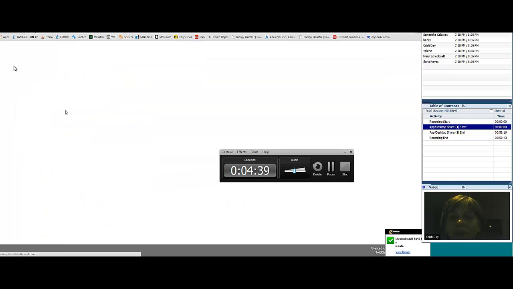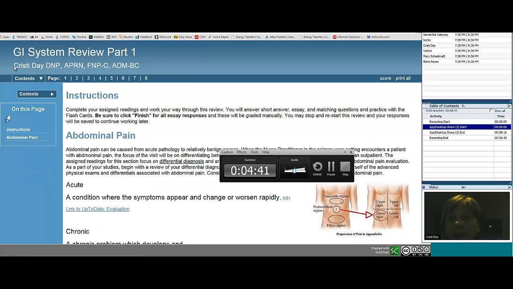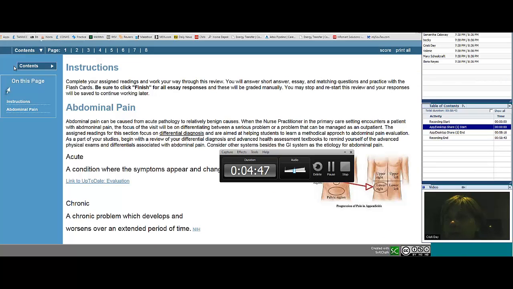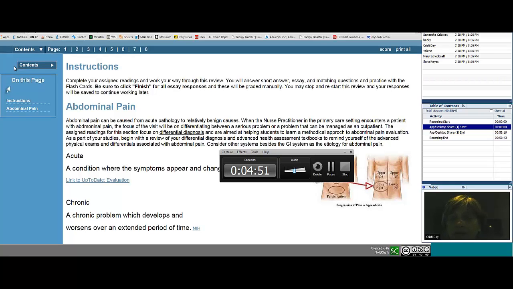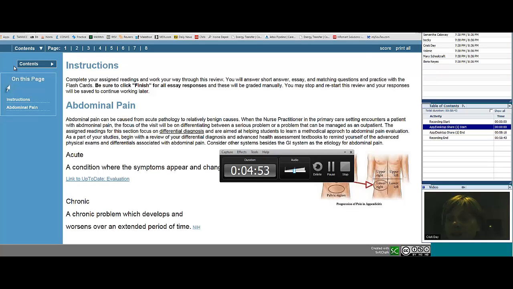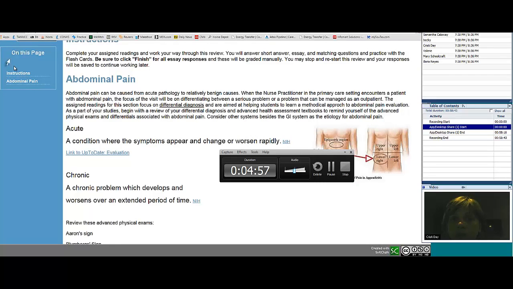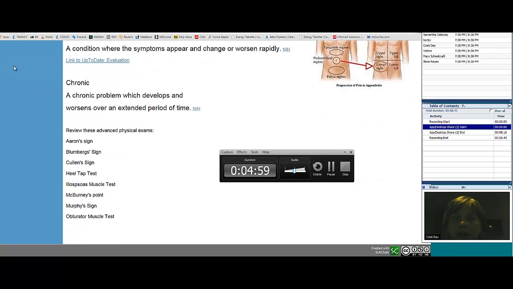That's one of the main things you zero in on. Know your landmarks, go back to your differential diagnosis book, because abdomen is pretty much all about differential diagnosis. It's figuring out if something is serious or not serious, if I'm going to send them out or keep them. So know those signs.